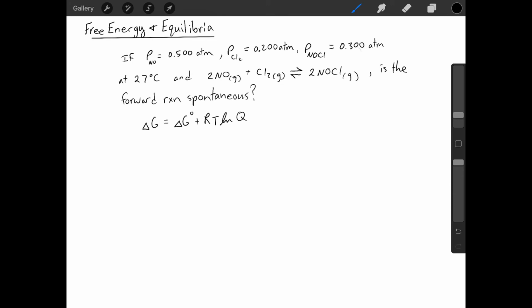And to do that, we need a delta G naught and we need Q. We're given temperature and we can look up the R value. So our Q value can be calculated using the partial pressures that were given in the question. And we can calculate our delta G naught by looking up tabulated values for delta G's.